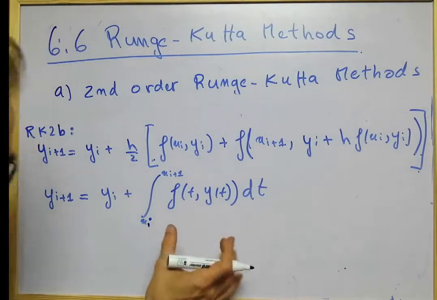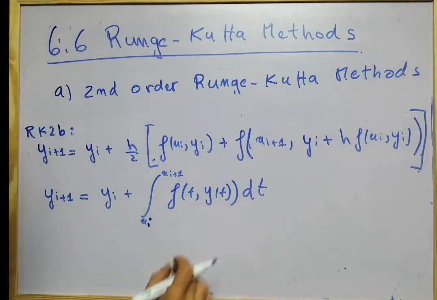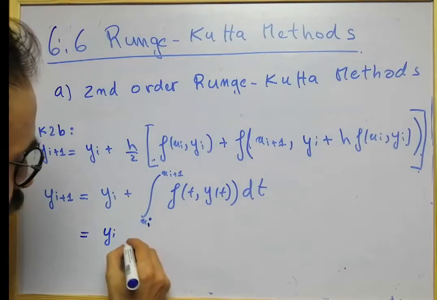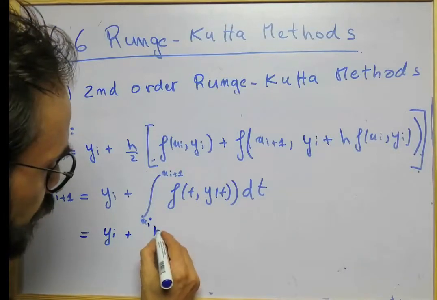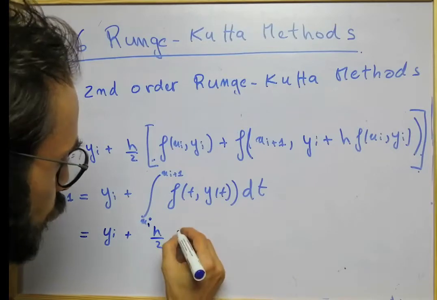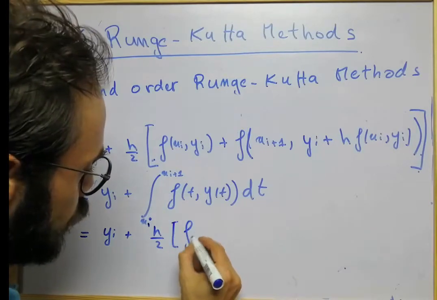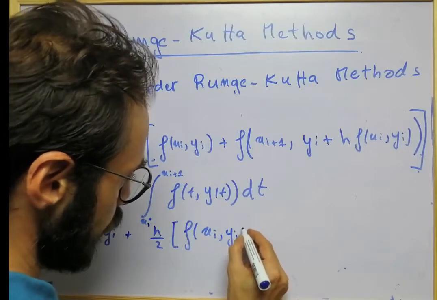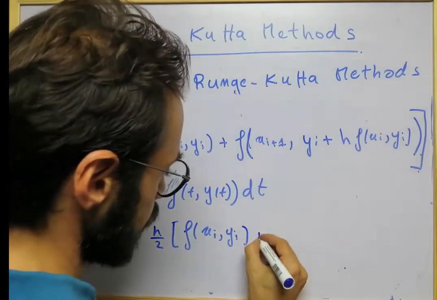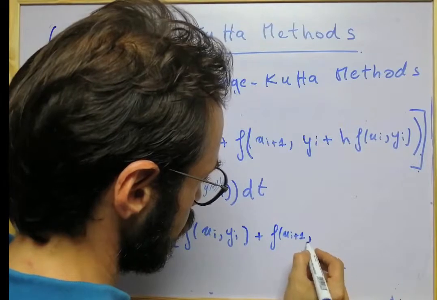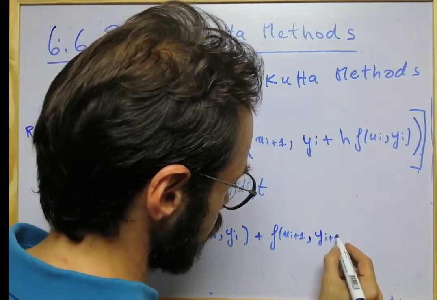Now, if we use the trapezoidal method, we can replace this by the mean value of x i, y i and x i plus 1, y i plus 1. So it becomes h over 2 times f of x i, y i plus f of x i plus 1, y i plus 1.